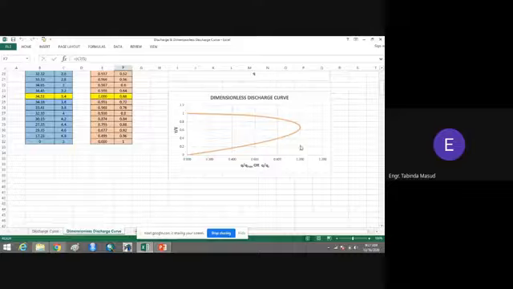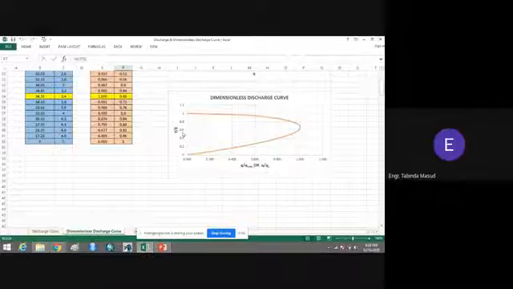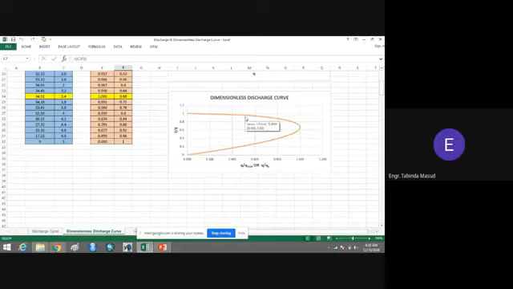This is the value of q by q maximum where we have the value equal to 1, and corresponding to this we have yc divided by E. Corresponding to this unit discharge, we get the critical depth for the constant specific energy, yc divided by E. For all other values of q by q maximum, we get two depths of flow, one in the subcritical state and the other in the supercritical state.